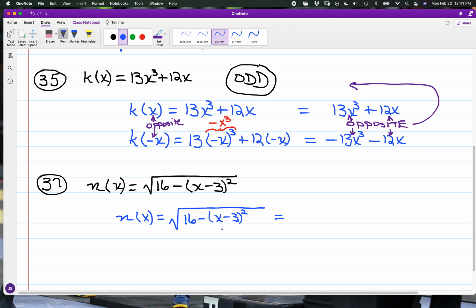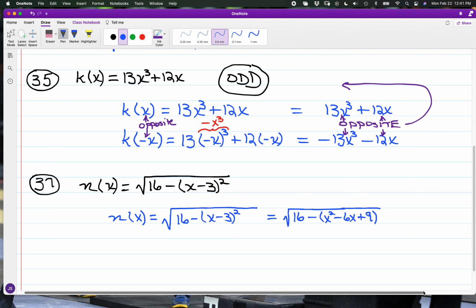So you have the square root of 16 minus the square of x minus 3. And I'll just go ahead and carry out the square of x minus 3. So I have 16 minus all of x squared minus 6x plus 9.